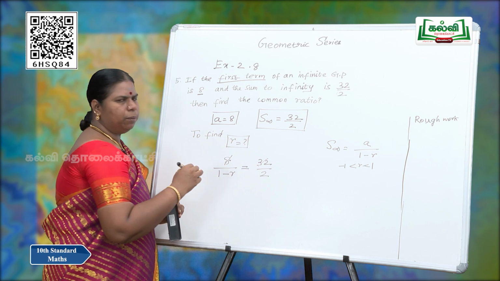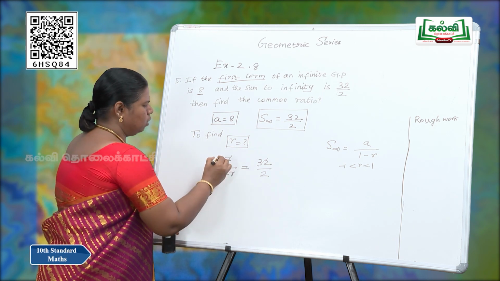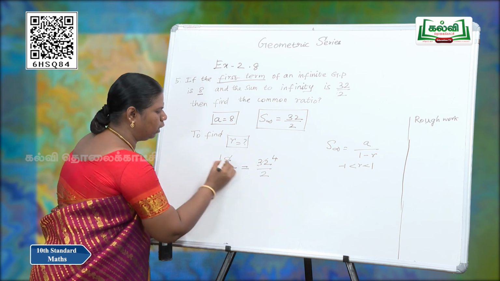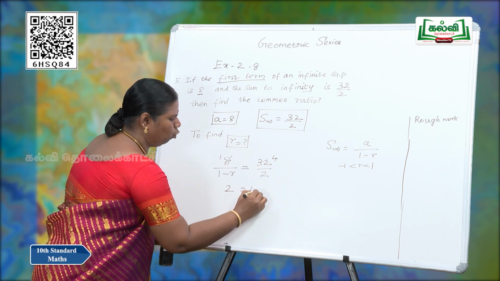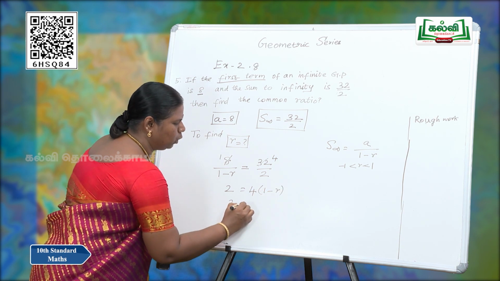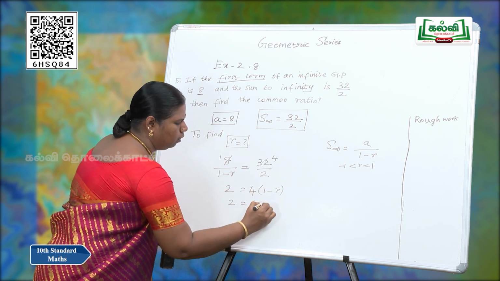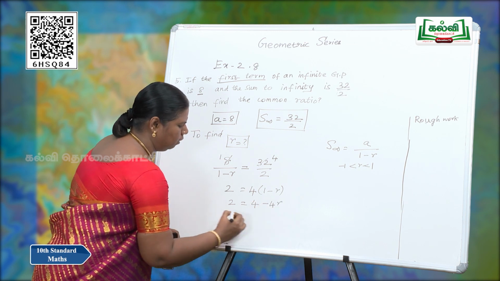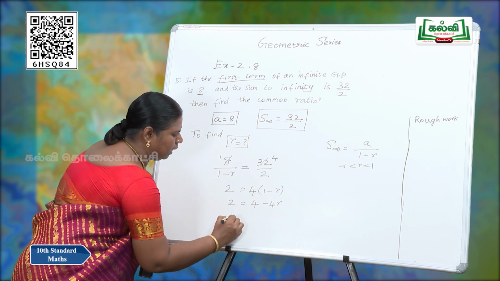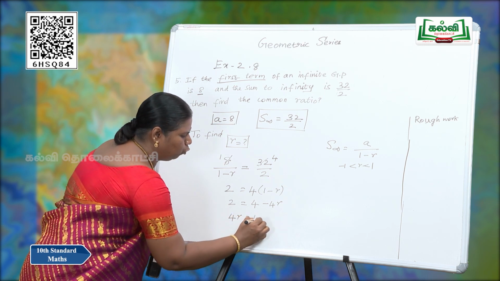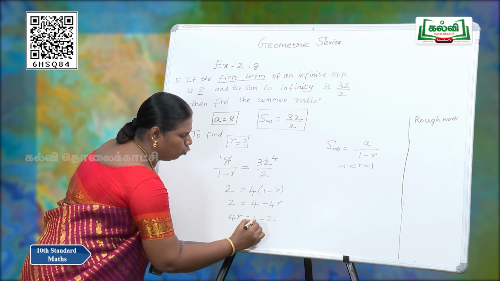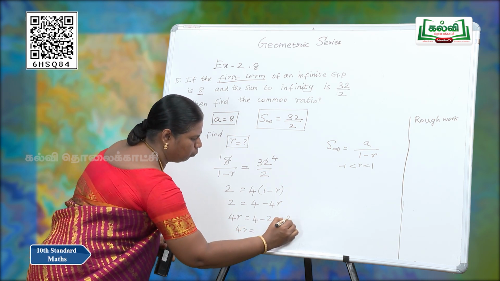Here both the numbers are divisible by 8. So, 1 times 4 times. On cross multiplying we get 1 2s are 2, 4 into 1 minus r. So, 2 is equal to 4 minus 4r. On transposing, we will get 4r is equal to 4 minus 2, which is 2.